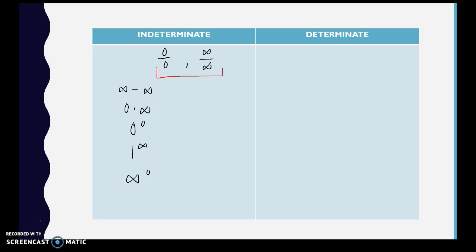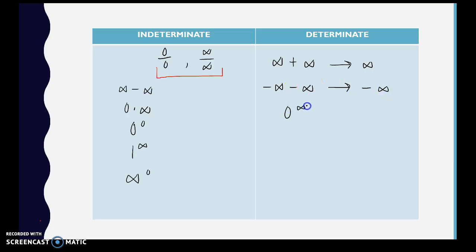All right, and I'll give a reminder of what that is. But just so you're aware, determinate forms are infinity plus infinity, and that limit approaches infinity. So if direct substitution gives you negative infinity minus infinity, then that limit approaches negative infinity.